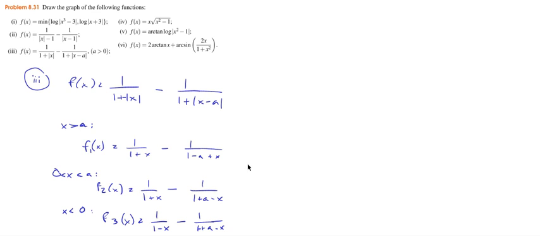Let's say this, as before, is going to be two functions. This is 1 over 1 plus x. It has an asymptote here at x equals minus 1, right? And the other one has an asymptote at 1 minus a, and a minus 1. Suppose a is greater than 1.